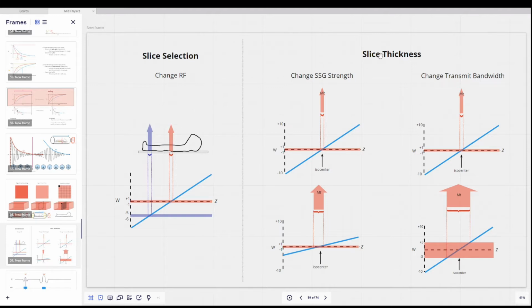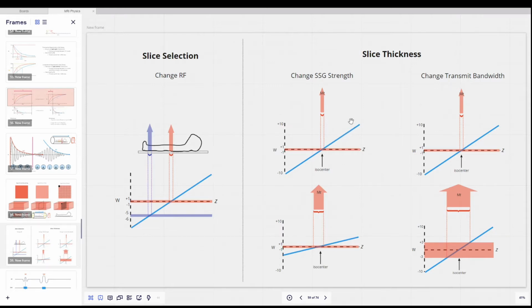Okay. And then looking over here on the right, we talked about a couple different ways that we can change slice thickness. So one way to change slice thickness is to change the strength of the slice select gradient, right? So here, this is a steeper gradient. And down here we have a shallower gradient, right? This is shallower than this.